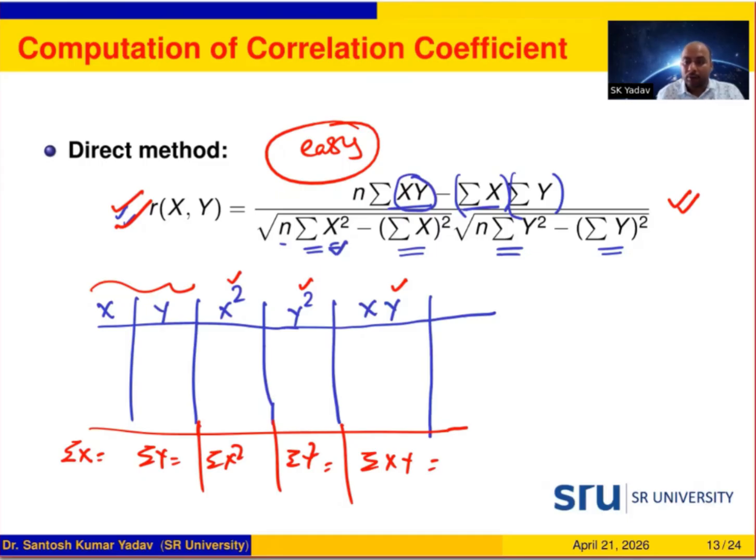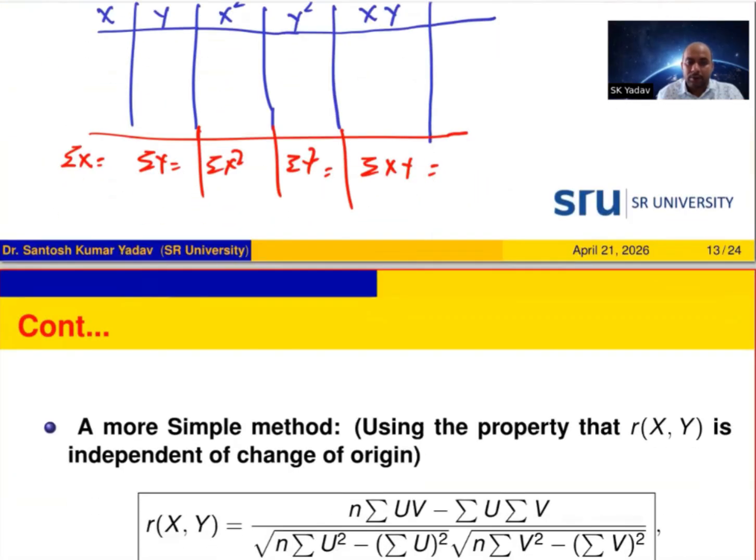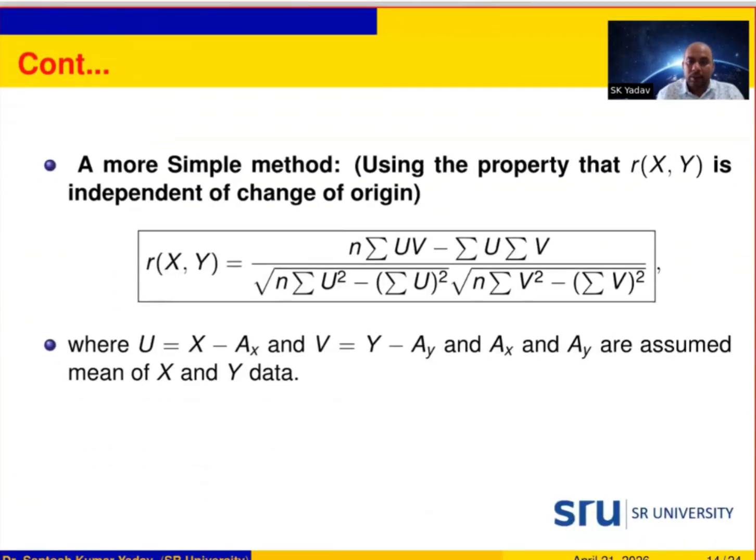There is one more interesting formula of the same kind, except I have used here the property that R is independent of change of origin. So as I said, I have X data, I have Y data. Now I don't want to work on this data because these are larger numbers, not small like 10, 5, 8. These values of x and y are larger.